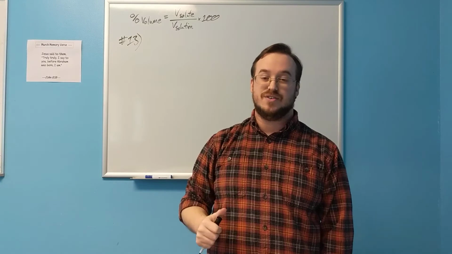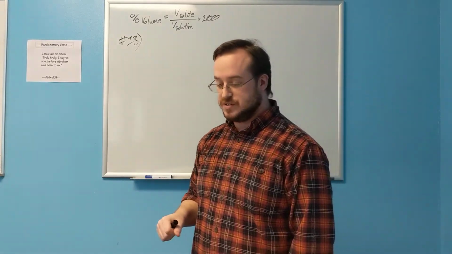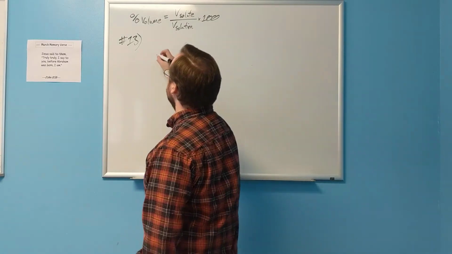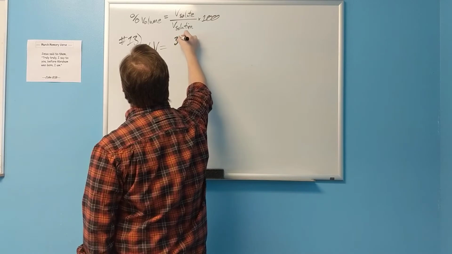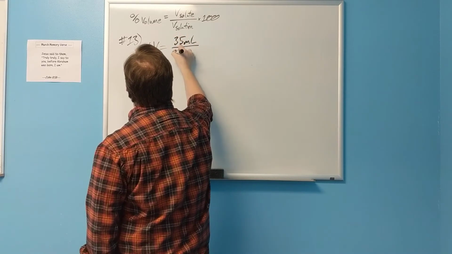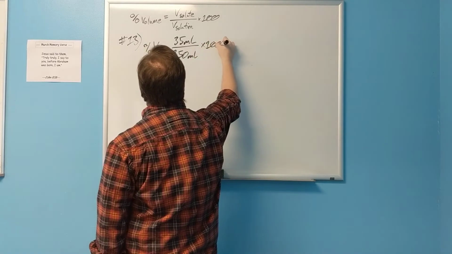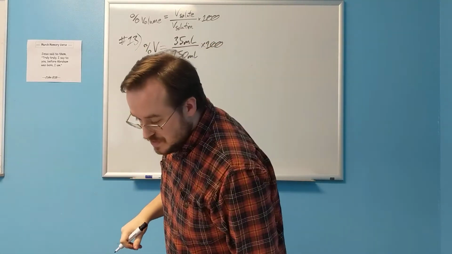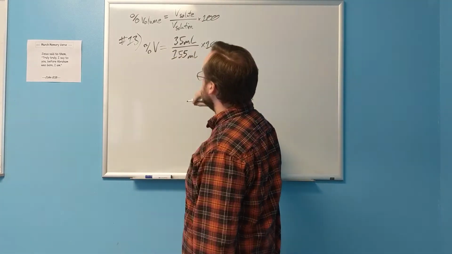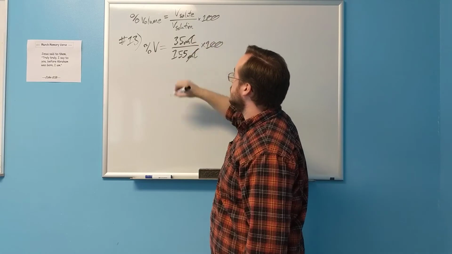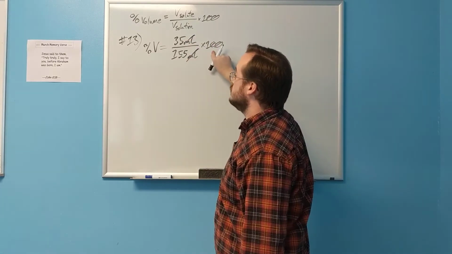As long as our volume units are the same, they're going to cancel out, so we don't need to do any conversions. All right, so as you can see, those cancel. So it's just 35 divided by 155 times 100.